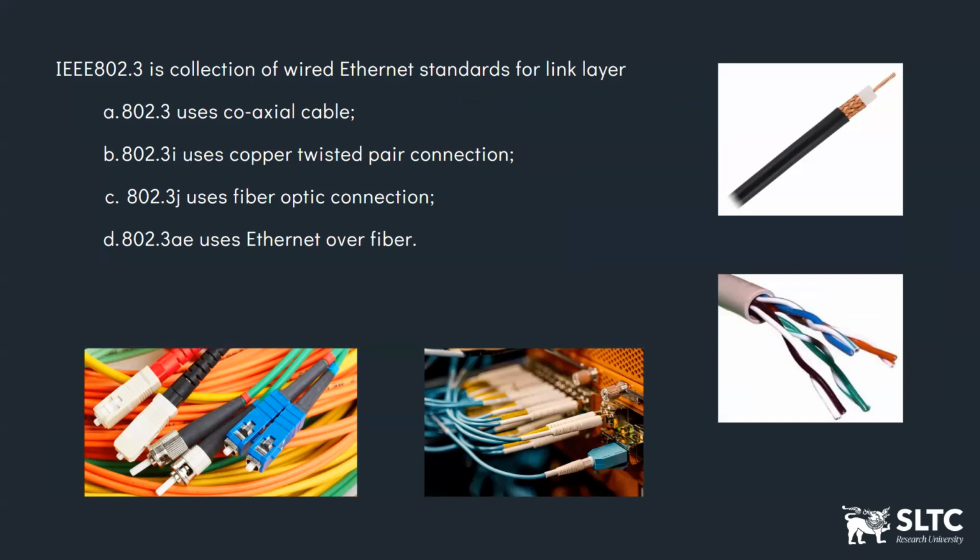If it is a copper twisted pair connection, it should use 802.3i. If it is a fiber optic connection, it should use 802.3j. If it is Ethernet over fiber links, it should use 802.3a.